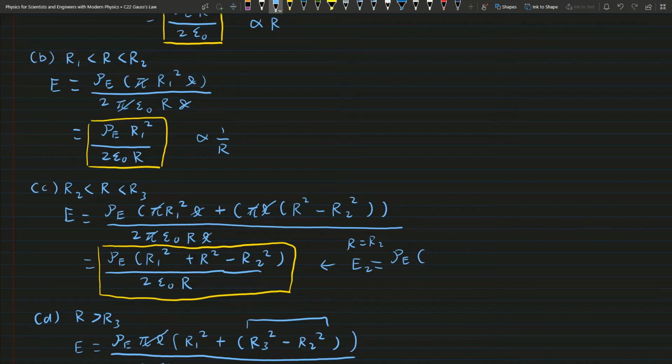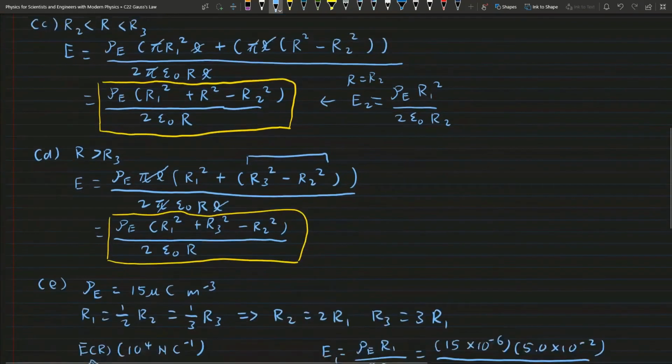The remaining is just R1 square, and below we have R2. Now here it is given that R2 is equal to 2R1. We can write this as rho E R1 square over 2 epsilon naught 2R1.